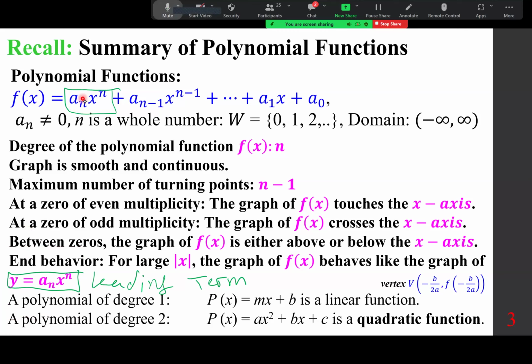Leading coefficient. So one more time. The first term, if we put it in descending order, is called the leading term. Its coefficient is called the leading coefficient. And in the long run, as far as the concept of end behavior, it will look like that.